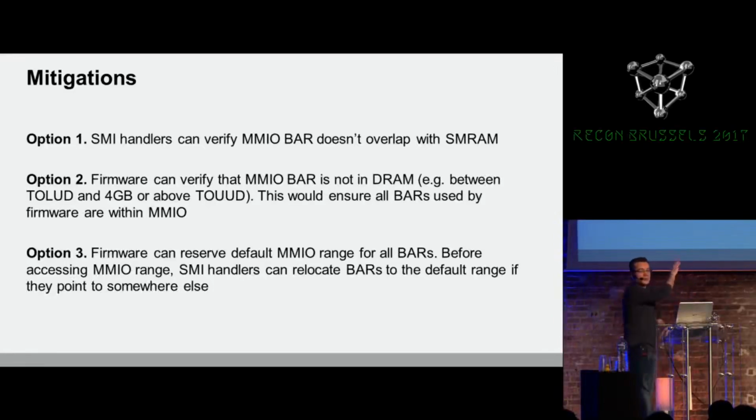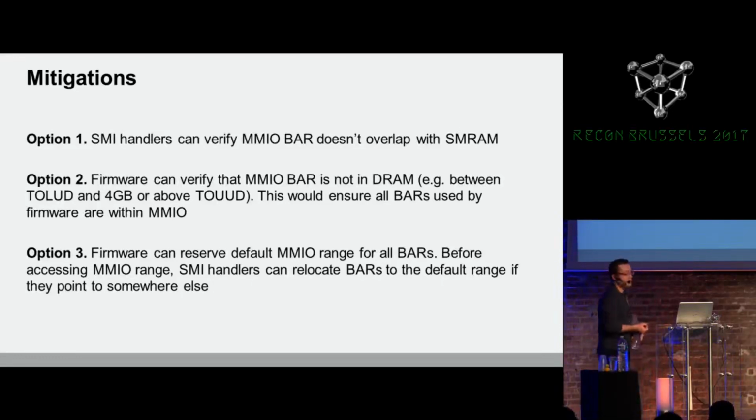In the memory map that you saw from Alex's part of the presentation, it's above the top of low usable DRAM. So you can check that the BAR is actually in that range and not pointing somewhere inside the DRAM. That's a good mitigation, although you still might be writing to somewhere you shouldn't have been able to write. So it's also a partial mitigation, I think.